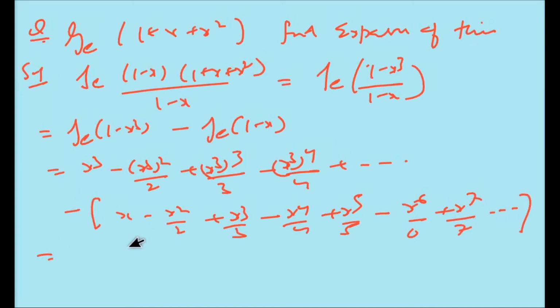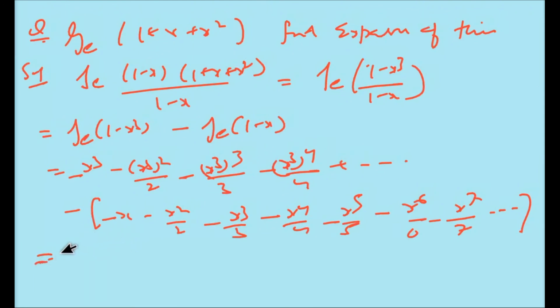Now, if we write it in ascending power form, what do we get here? Since this is the minus series, all the terms are negative. Okay, so now we can see minus minus plus x.